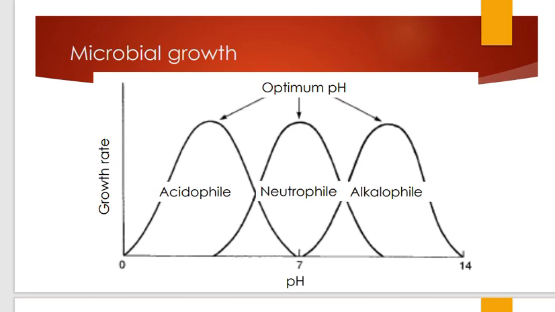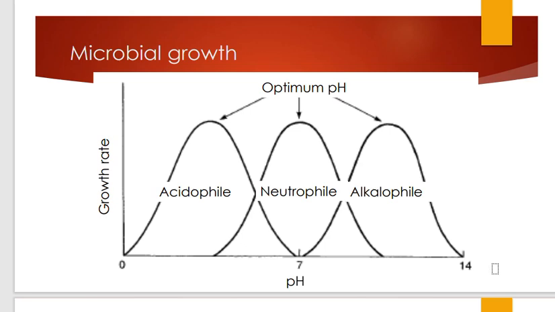So again, temperature is an important factor which affects the growth rate of your microorganisms. So now let's move on to pH as another factor for the growth of your microorganisms. We have another figure showing the growth rate of microorganisms at specific pH.